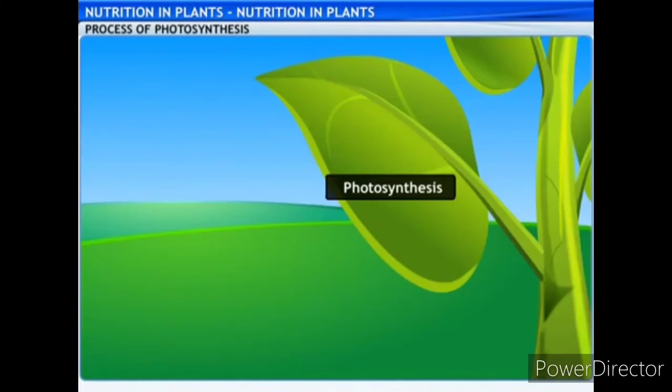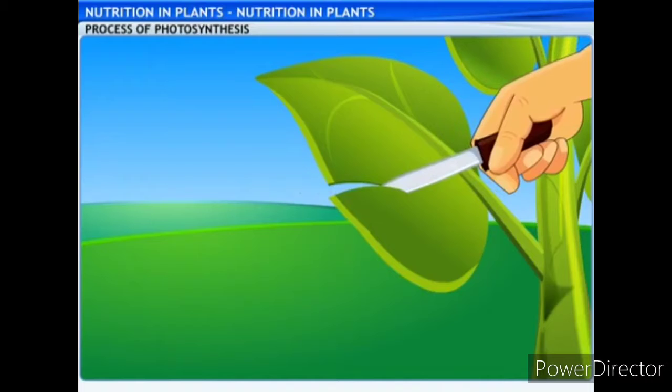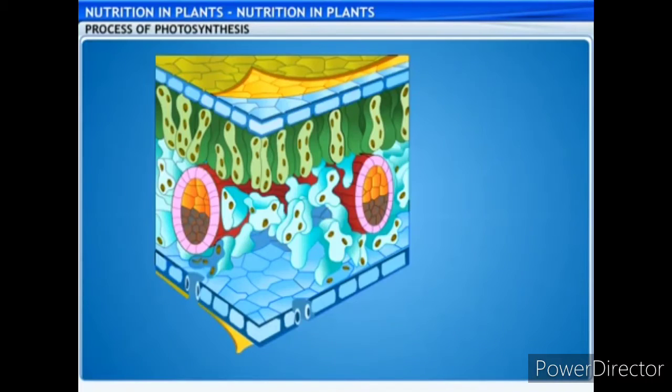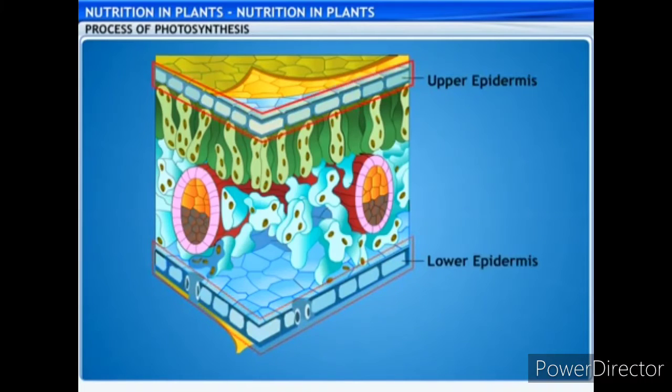And the leaf is the chief organ participating in the preparation of food material. This is a transverse section of a leaf. Here we have the upper epidermis and lower epidermis. In between we have parenchyma, collenchyma and sclerenchyma cells.